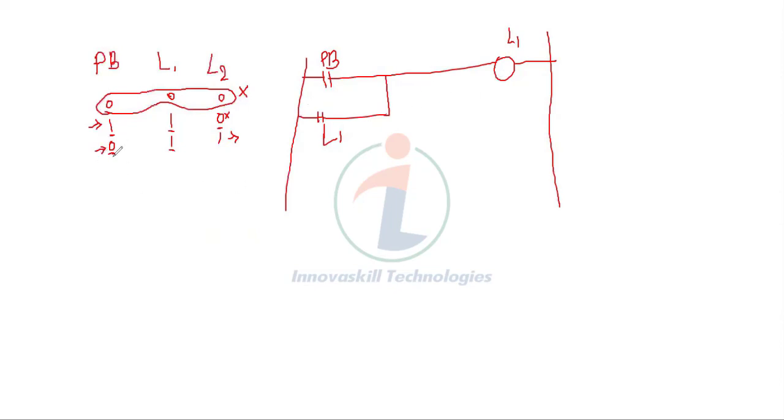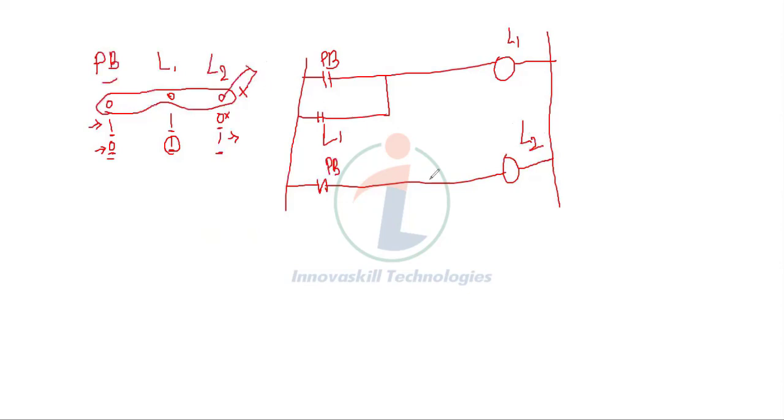Now in the next condition, if the push button is off, L2 is on, but L2 should be on using this interlock only. Why? Because if I directly connect the NC of the push button, I'm repeating this push button as NC, and if I directly connect it to L2, what will happen is, initially due to this NC, L2 will be activated directly at this condition itself.